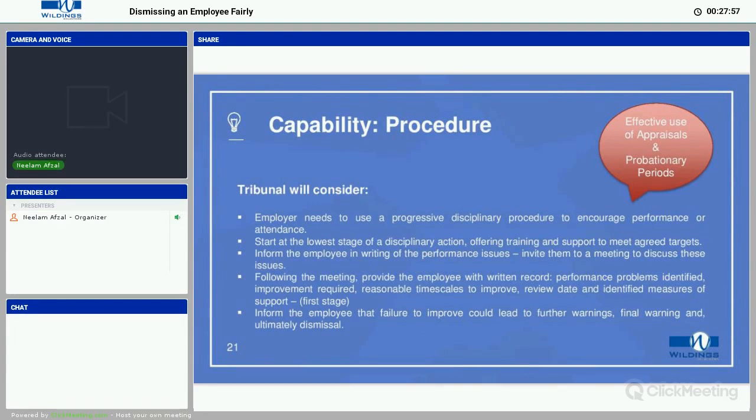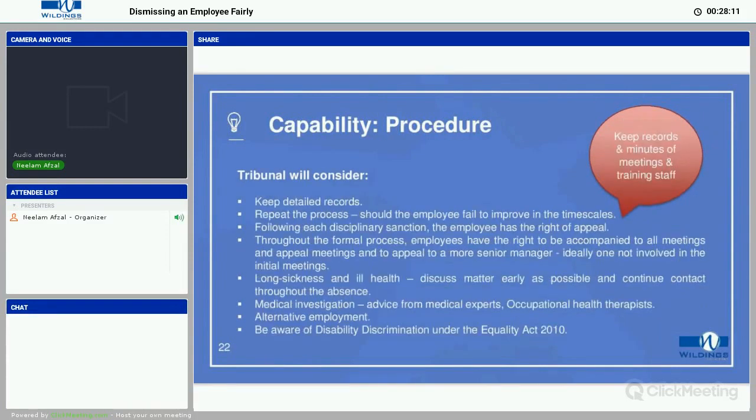Now, when we're looking at ill health within capability, you need to be careful to ensure that any dismissal on the grounds of ill health is not discriminatory. Otherwise, it could amount to a discrimination claim under the Equality Act. So in cases of ill health, have early meetings with the employee, and contact the employee through their period of absence.